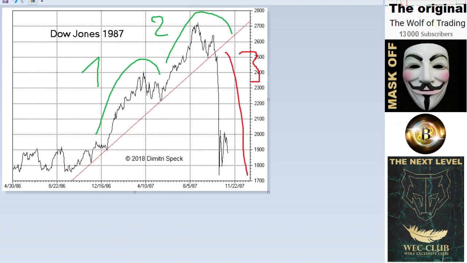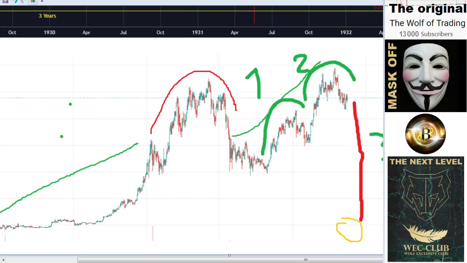Now we're looking at another chart. Now you can see we have also 1, 2, 3. You can see also the same structure. We will go to the downside here. I go to the next chart.